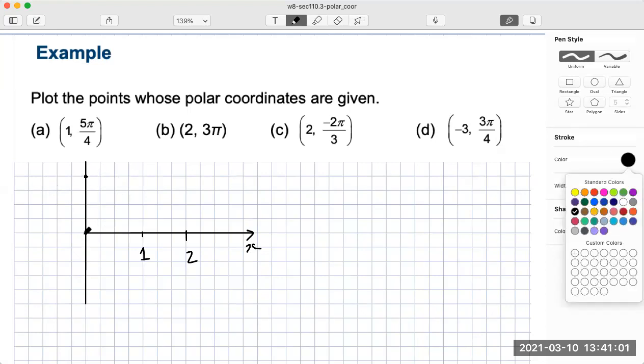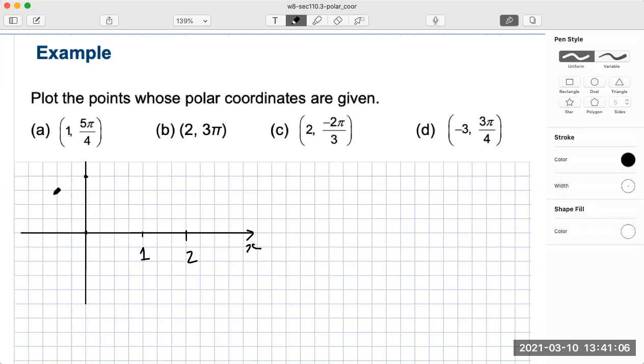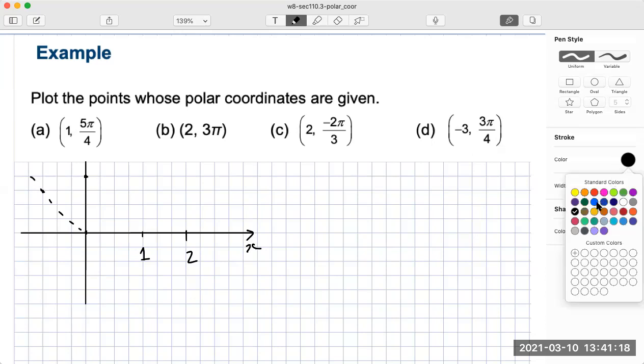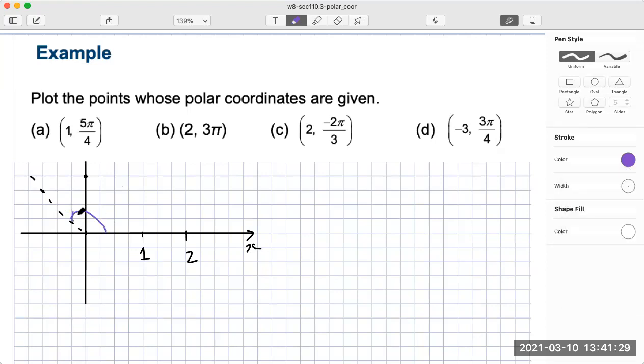And if we continue, then the angle right here will be 3 pi over 2, and so on and so forth.